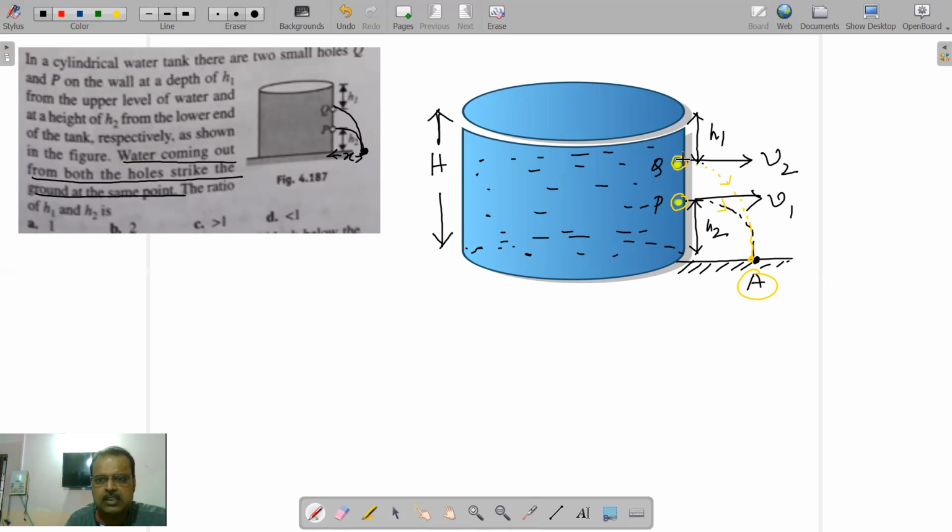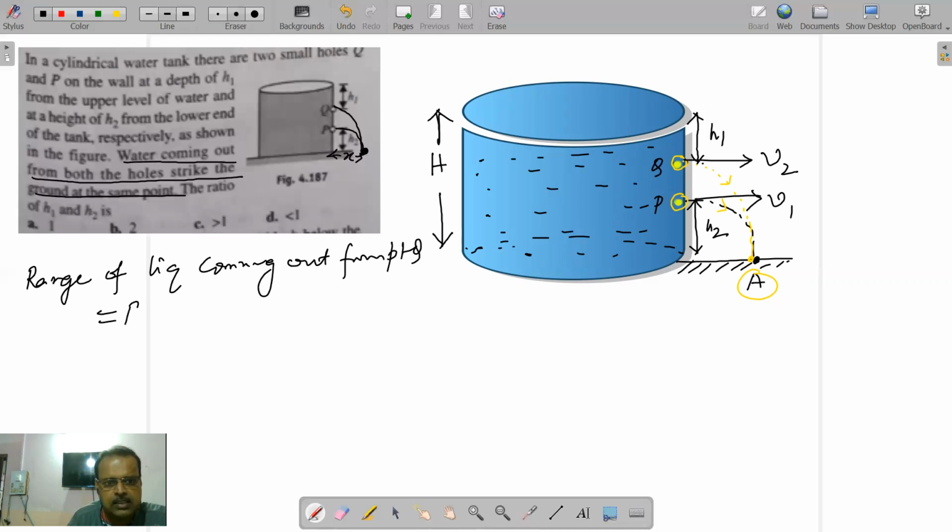For the first case, here we see the range. So we can say the range of liquid which is coming out from point Q, say this is R1. Range means I am talking about this particular range, that is R1.